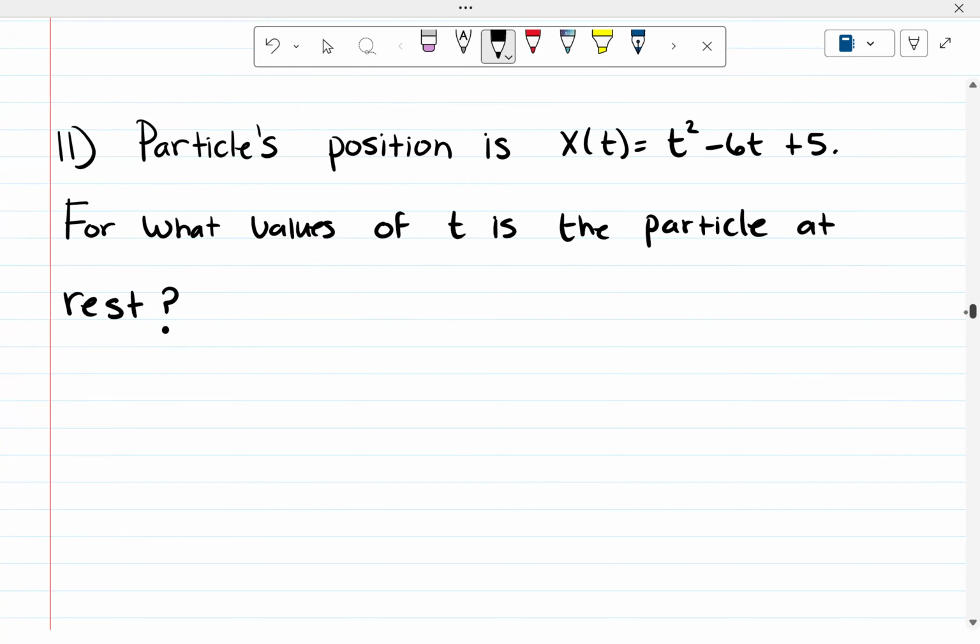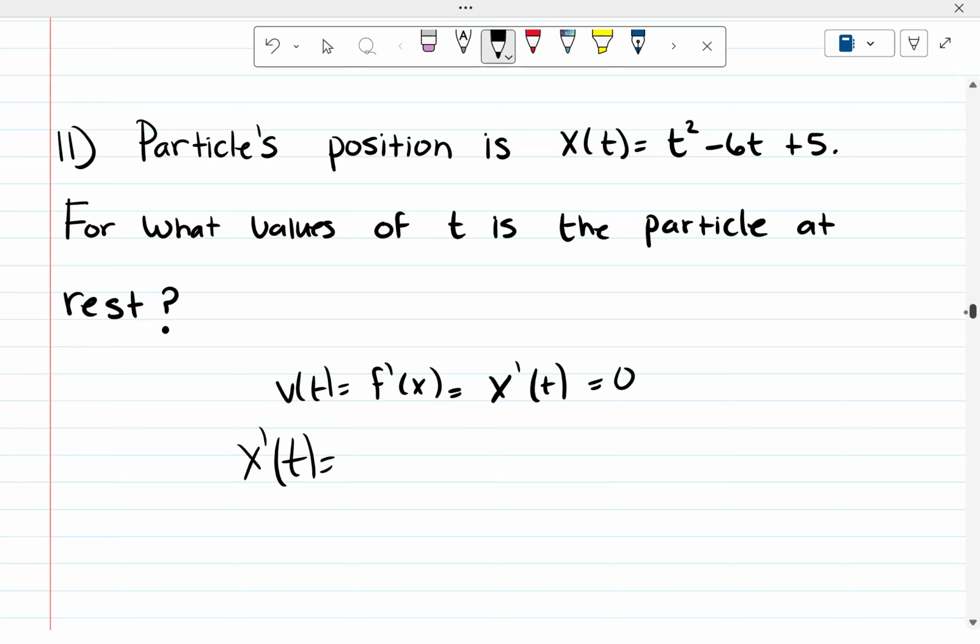So basically we've got to figure out when velocity is 0. How do you find velocity? To find velocity, you must take f prime of x, or in our case, x prime of t, and then you set that to 0, and that'll give us your time. So let's find x prime of t.